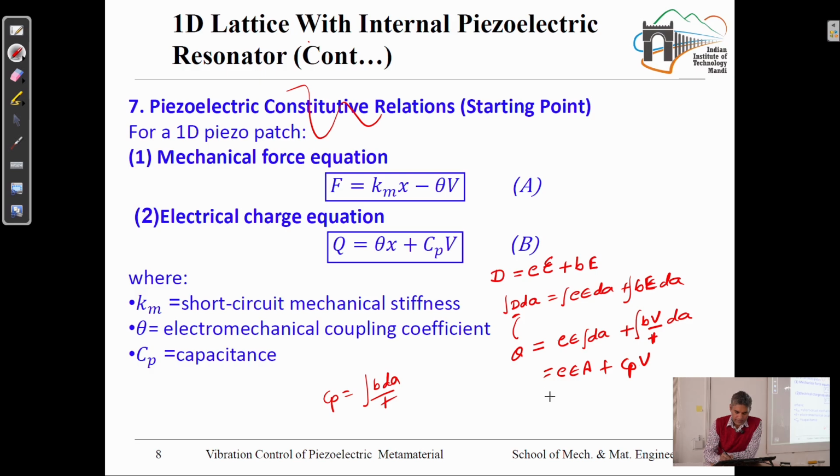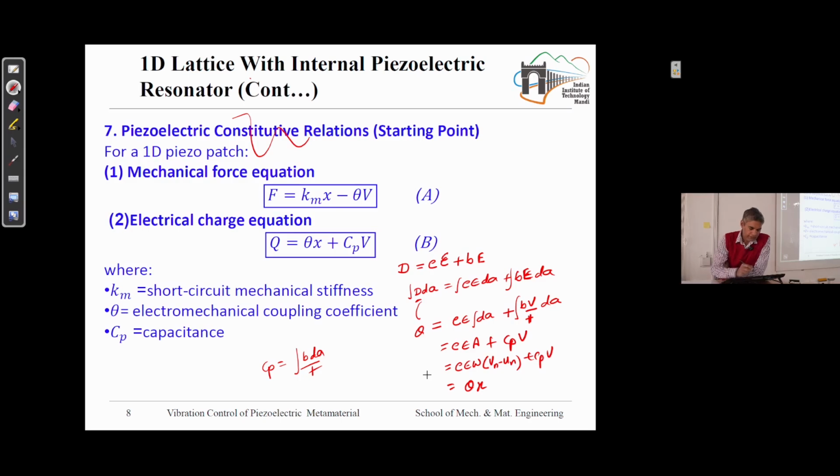And this part E, we can write as the width into the distance, that is the relative distance of Bn minus Un, plus Cp B. This is known as theta, and this relative distance is X. Just to make a difference, we have this Q, this is my theta, and this is the X and this is the Cp.